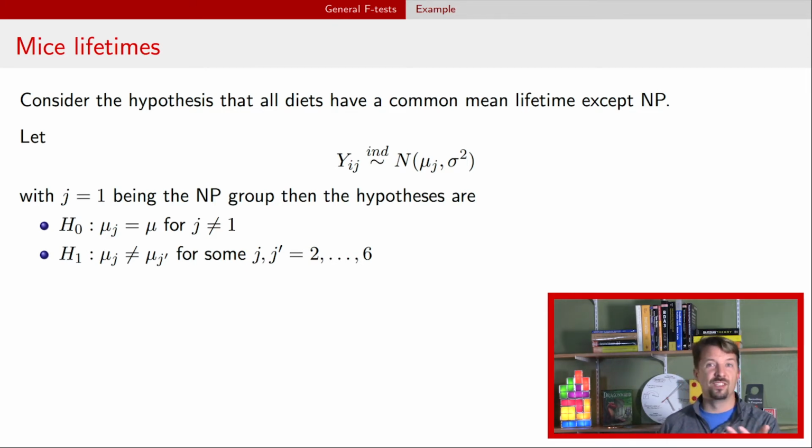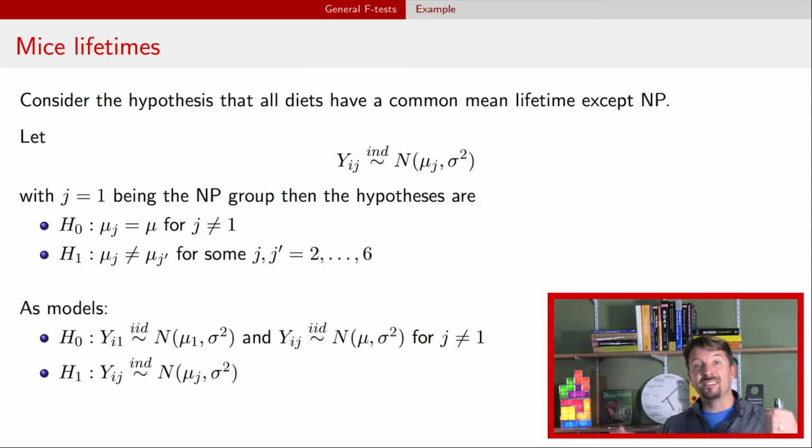Because J equals 1 was already different, now the alternative just says that one of those means is different amongst the collection of diets that are not NP. If you think about this as a model, then what you get is something like this.